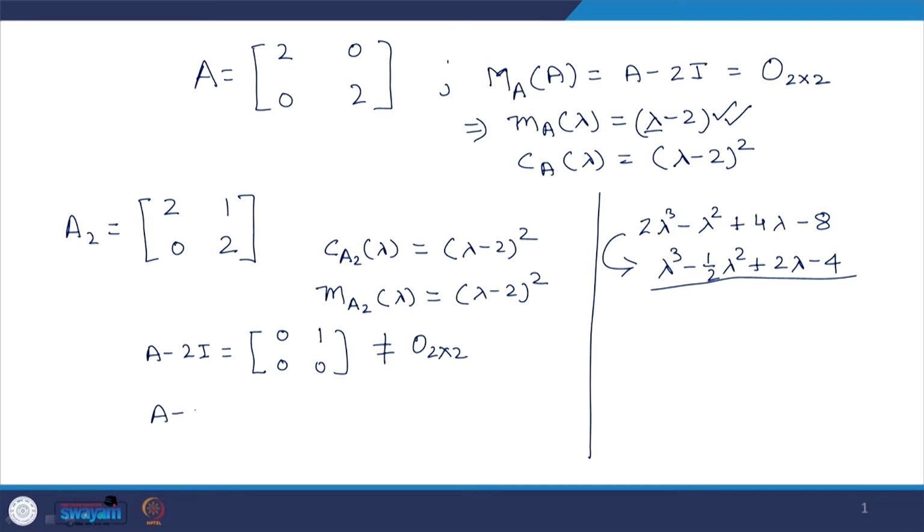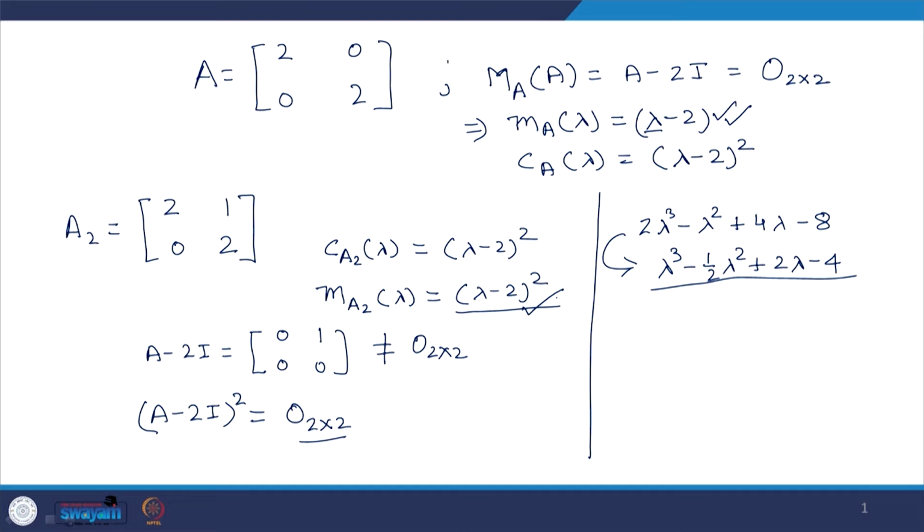However, (A minus 2I) whole squared becomes the 2 by 2 zero matrix. So (lambda minus 2) squared is the monic polynomial with the least degree that annihilates the matrix A. Hence the minimal polynomial is (lambda minus 2) whole squared.